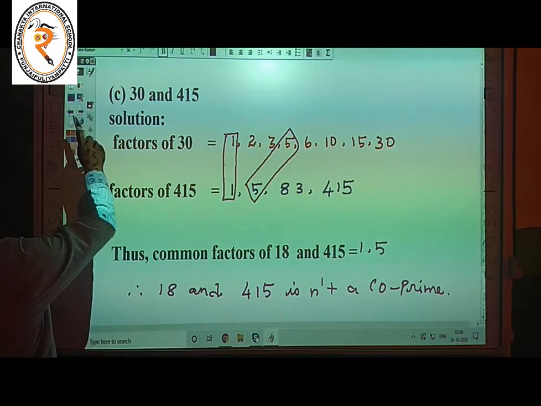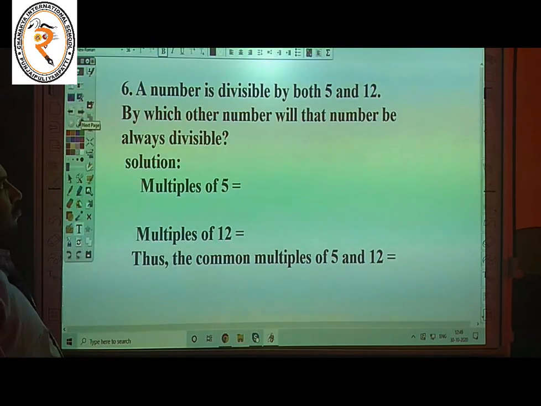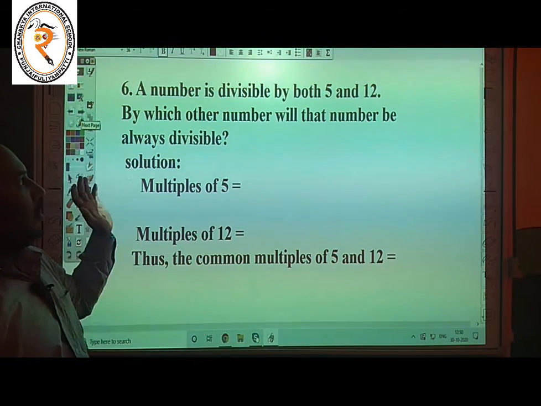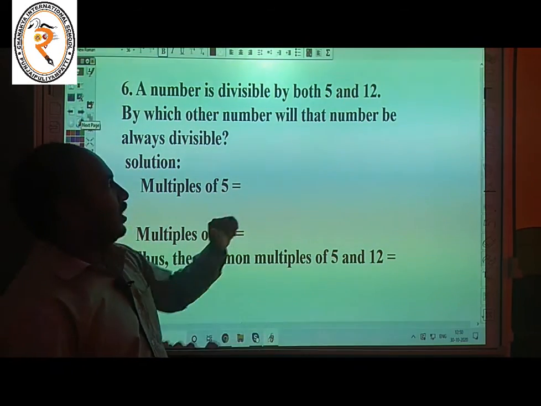The next one, sixth one. A number is divisible by both 5 and 12.